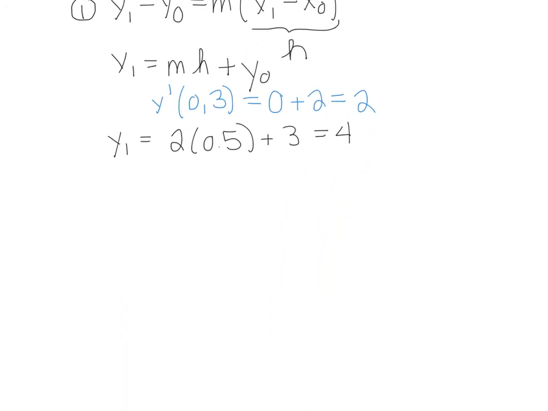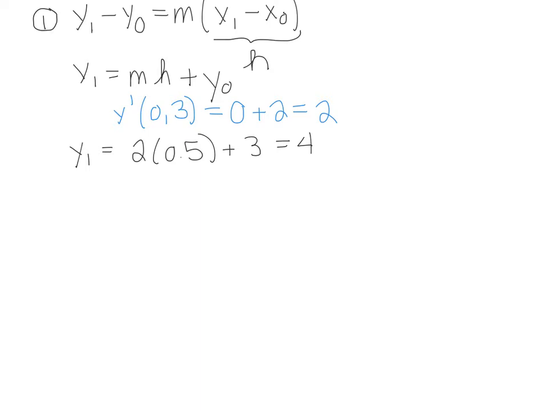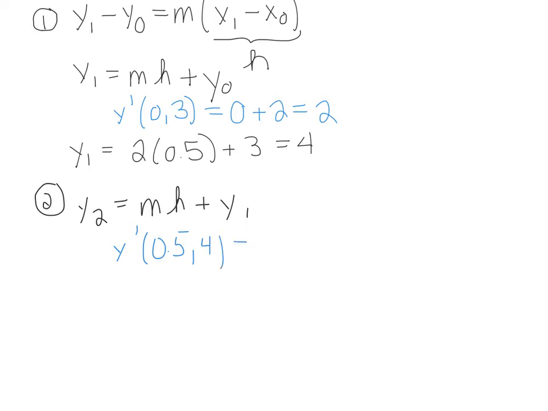Okay, so then in our second step, we can say that y2 will be given by our slope, now, well, I'll just write m for now, times our step size plus y1. Then we just need to get y prime of (0.5, 4). Again, we don't really need the 4 because our derivative is only a function of x, but it's not wrong.